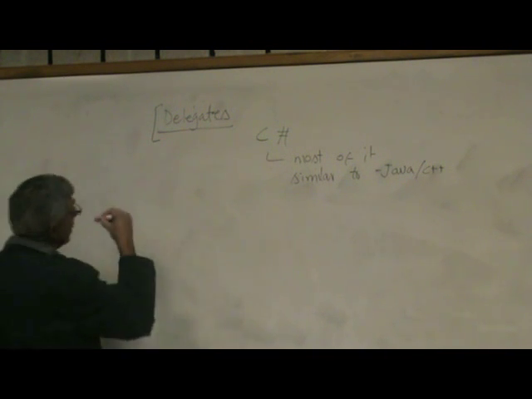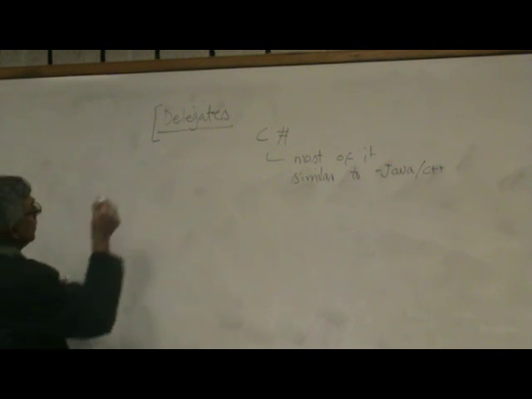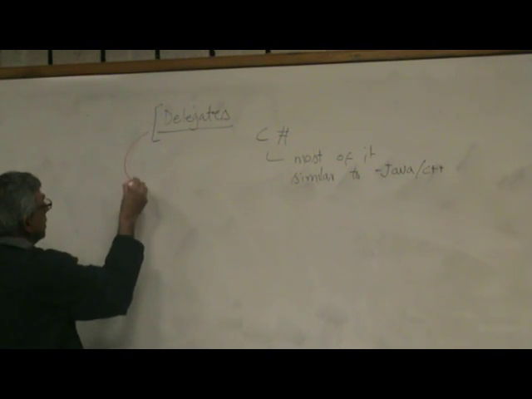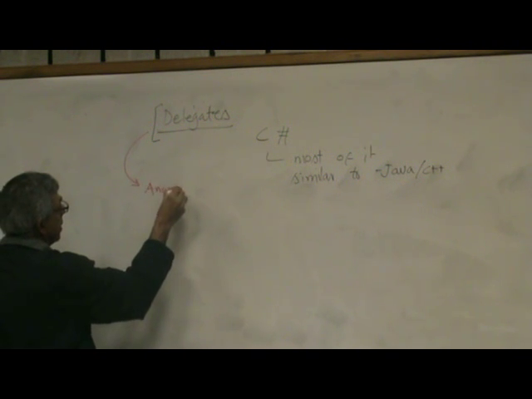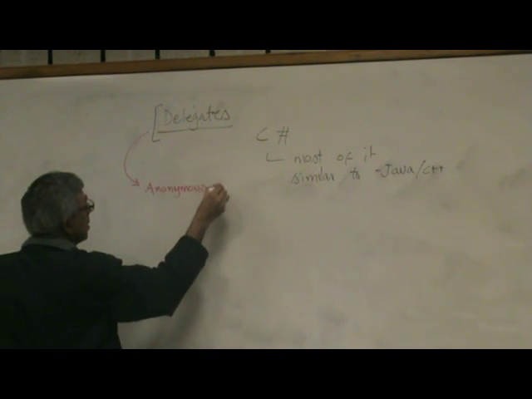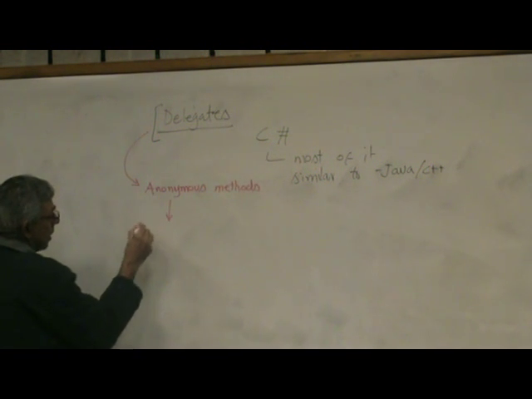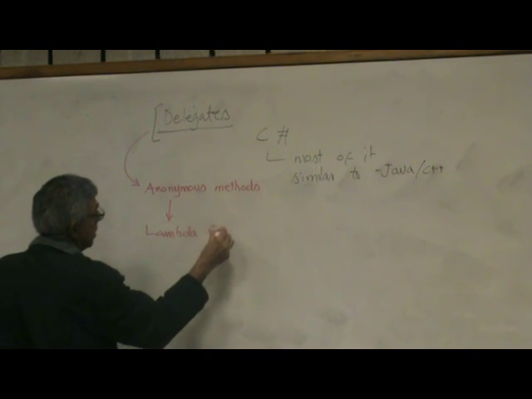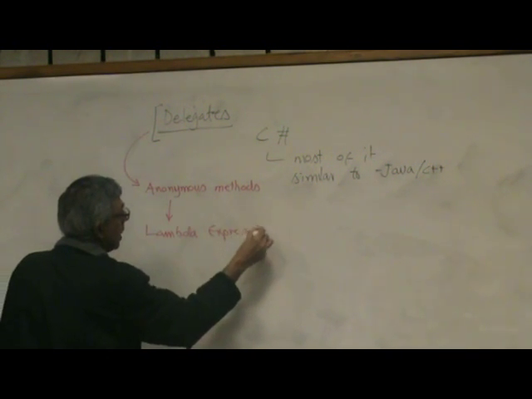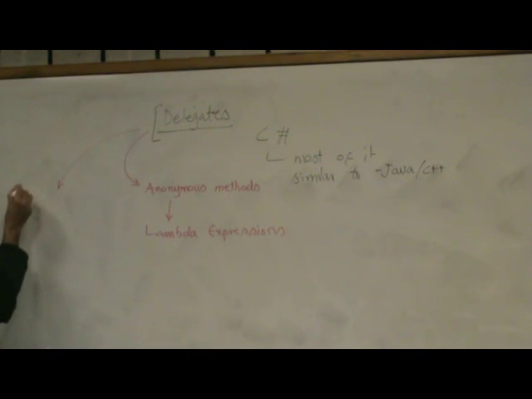So, why are delegates so neat? As I will demonstrate to you, delegates lead to what are called anonymous methods. Anonymous methods lead to a concept called lambda expressions. Delegates also lead to very neat event handling.